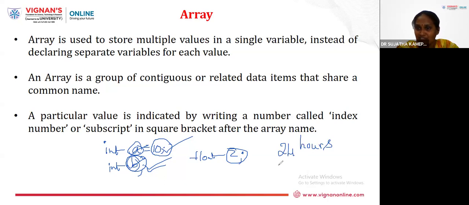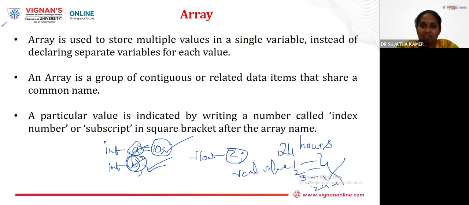The temperature can be represented as a real value. At the first hour I have some temperature value, at the second hour, at the third hour, like that, I have 24 values. If I want to store the temperature values for 24 hours by this procedure, I need 24 variables, each holding one temperature value.